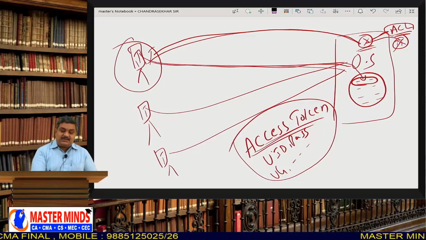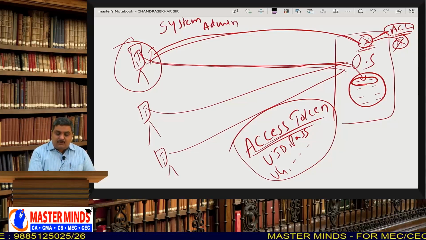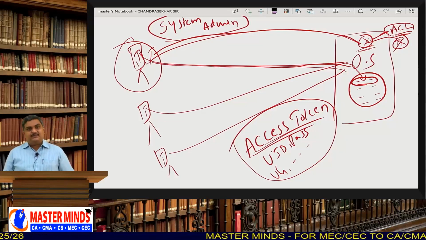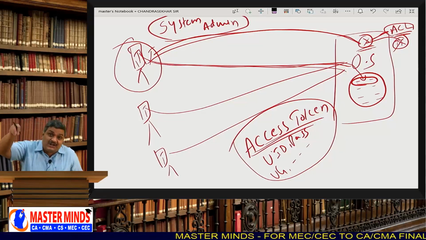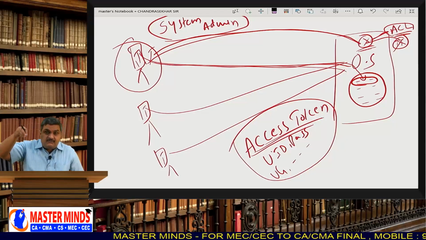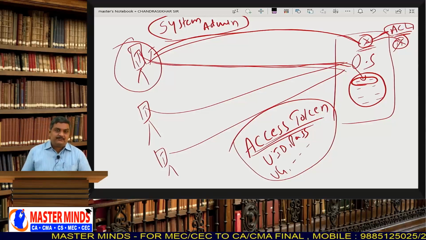It is the system administrator, the person who is responsible for managing the operating system and for all these accesses. So it is based upon his discretion. It is based upon his will, whether I should be given access to that particular file or not.